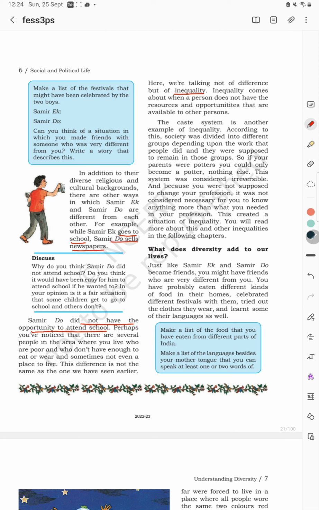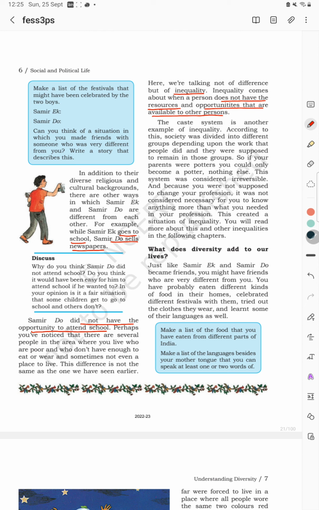Sameer Do did not have the opportunity to attend school because of his situation. So inequality comes about when a person does not have the resources and opportunities that are available to another person.